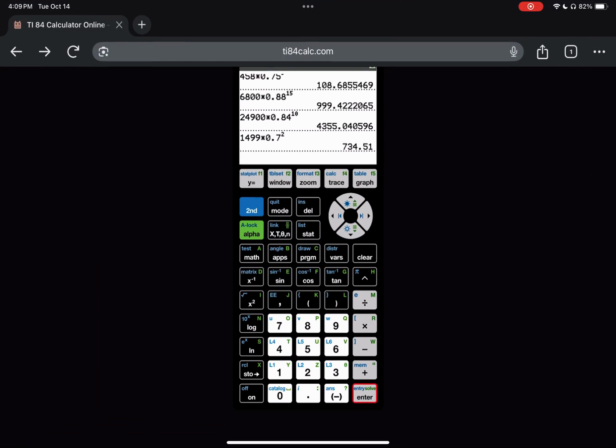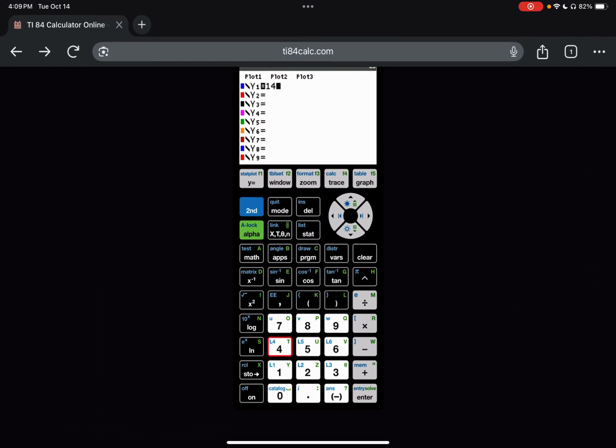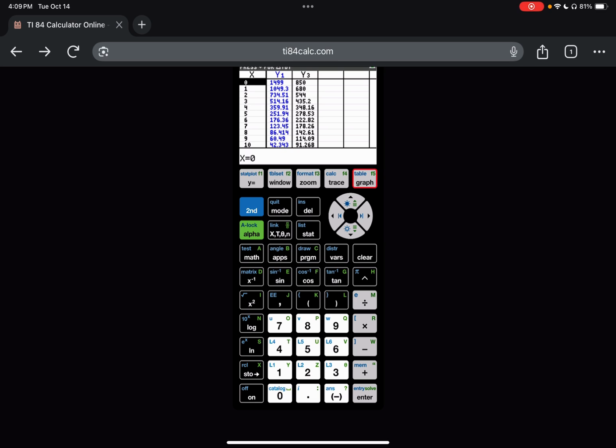Now I'm going to put both of those into my calculator. I'm going to say 1499 times 0.7 to the x for y1, and 850 times 0.8 to the x in y2. And I'm going to use the table function here. If we go to the table function, we can see the price of each after each year.